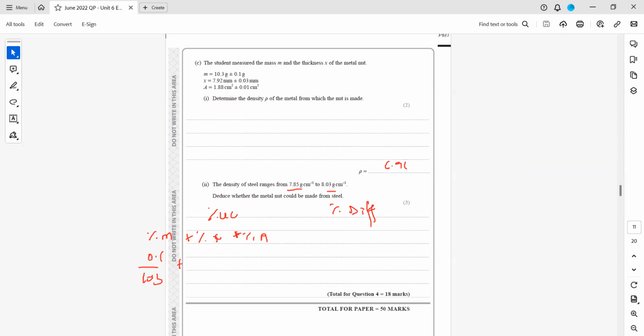When you're calculating a percentage uncertainty, unit conversion is not important. Multiply by 100 because it is a percentage. Then 0.01 divided by 1.88, that is the area, times 100, plus 0.03 divided by 7.92 times 100. When you add, you get 1.88%.